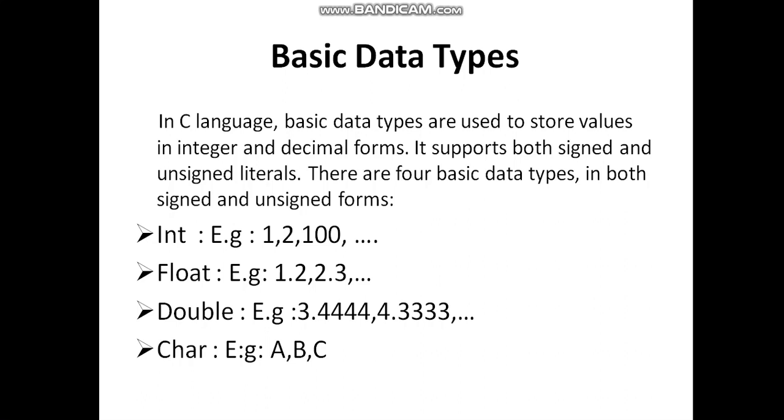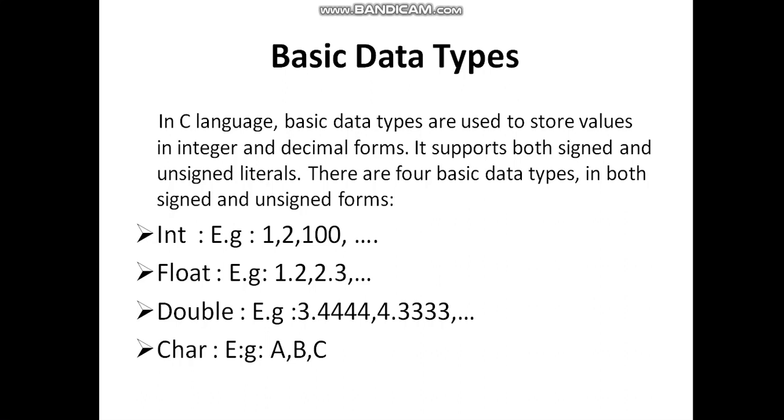Before going into the practical, we first need to understand some data types. In C language, basic data types are used to store values in integer and decimal form. It supports both signed and unsigned literals. There are four basic types in both signed and unsigned forms. First is integer, which means an integer number, like 1 or any number.